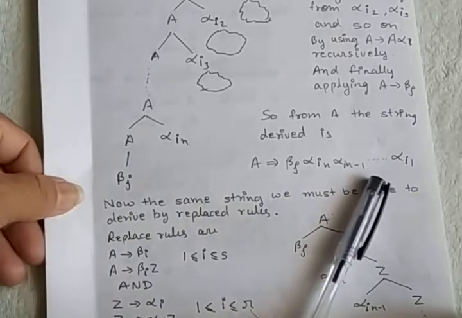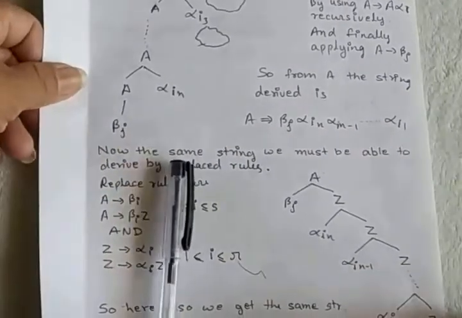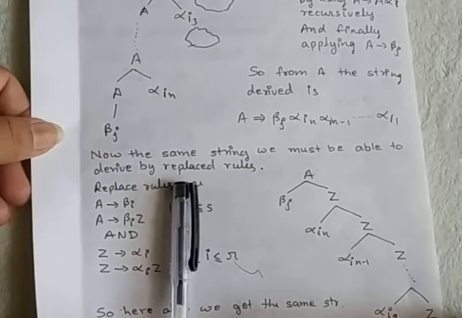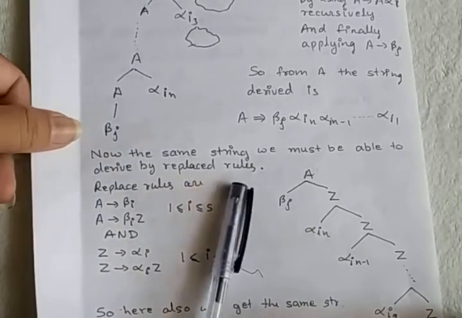Now if we convert the grammar so that all the rules are in the right recursive form, then what will happen?